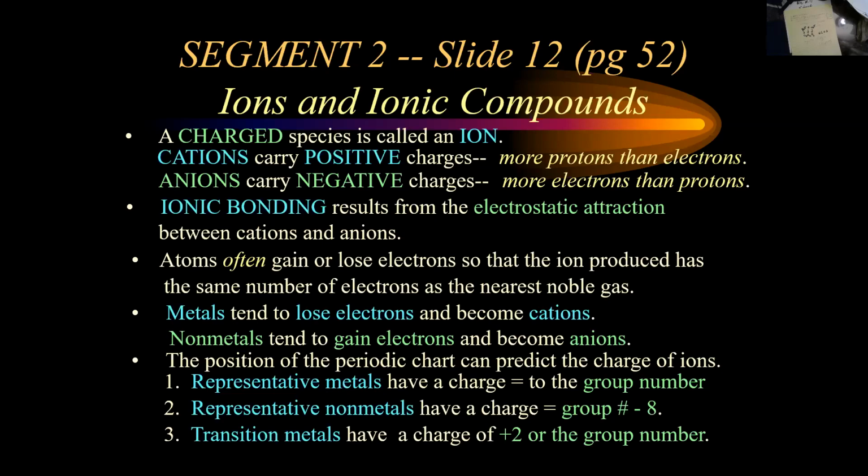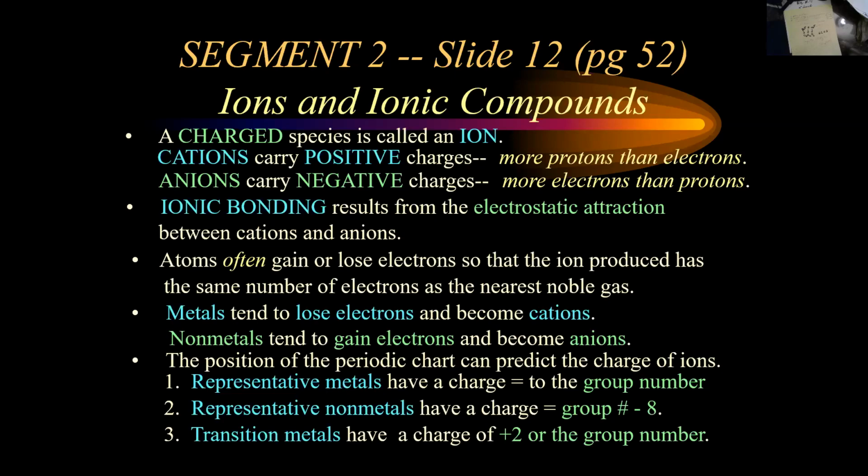You expect zinc, for example, to be +2 or +2: +2 because all the transition metals can be +2, and +2 because it's in group 2B. Zinc never forms anything except a +2 ion, and cadmium never does.